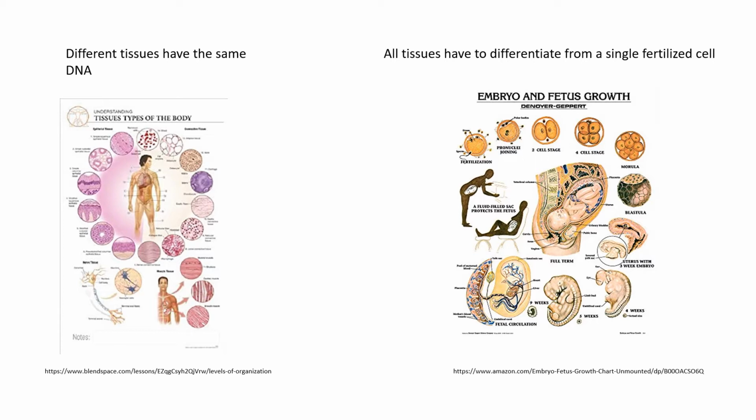So somehow these tissues need to become differentiated from each other to form from a single cell at the beginning that carries one genetic blueprint, and not only to form as different tissues, but to form as different tissues that interact with each other in a coherent whole for a functional, healthy organism.